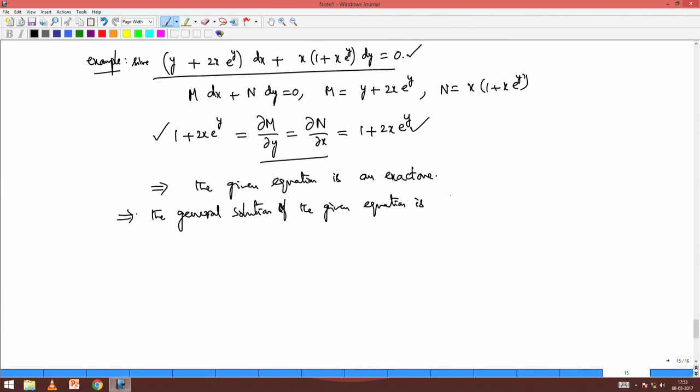What is m integral? I fix my x naught, y naught as 0, 0. Let x naught, y naught equal to 0, 0, because they are defined. You look at the equation, there is no issue at 0, 0, there is no division with x or y. So, 0, 0 is part of the domain, I can choose my x naught, y naught as 0, 0. So, you integrate from x naught, which is 0, to x, m which is y plus 2x e power y dx.